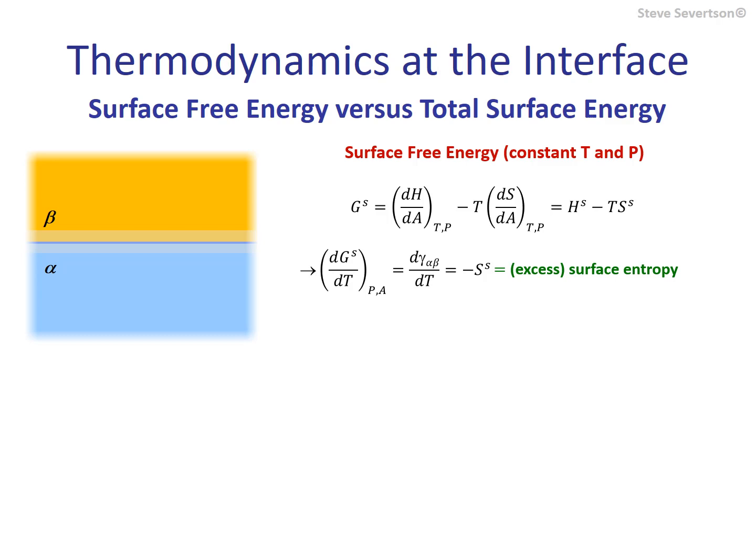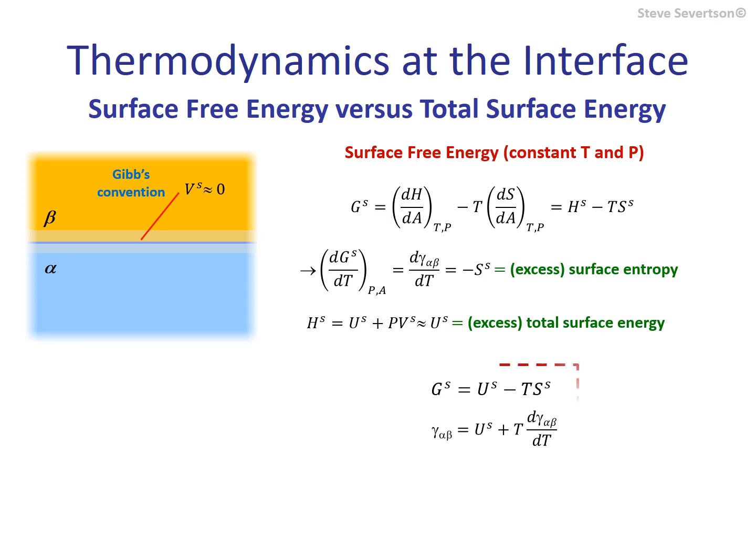The surface enthalpy is equal to the total surface energy plus pressure multiplied by volume. For the Gibbs approach, the surface is a plane and has no volume. This result allows us to write the surface free energy in a form that will help with our molecular contributions analysis.